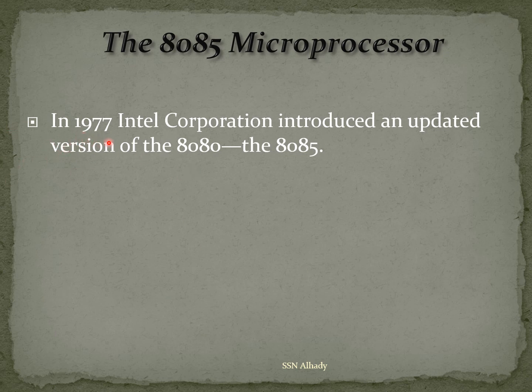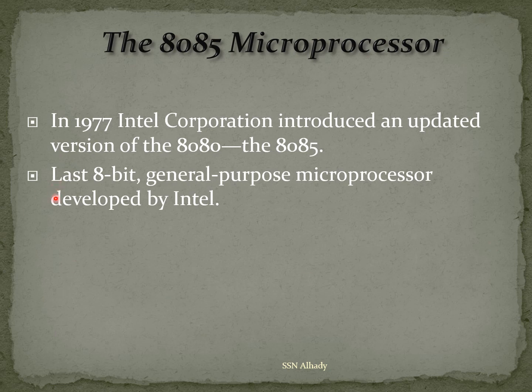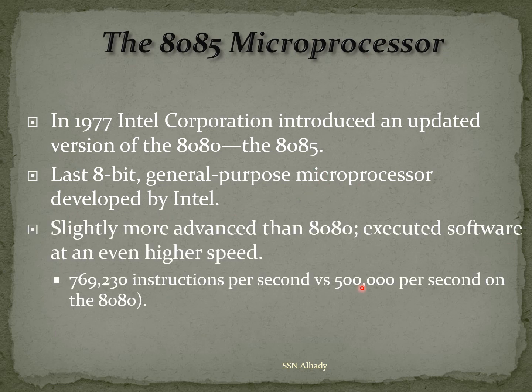In 1977, Intel Corporation introduced the updated version of the 8080, which is called the 8085. It is also an 8-bit general purpose microprocessor by Intel, considered slightly more advanced than the 8080, executing software at an even higher rate.